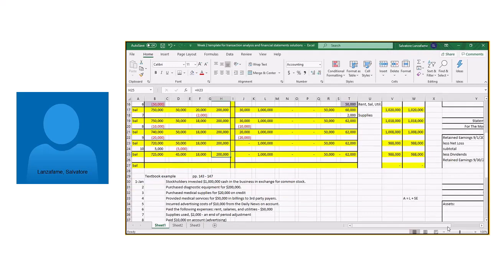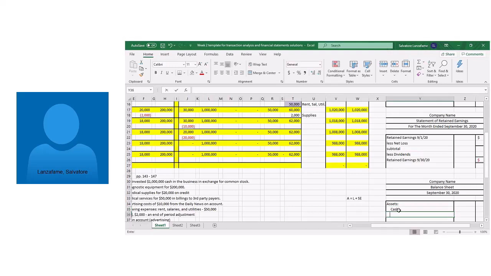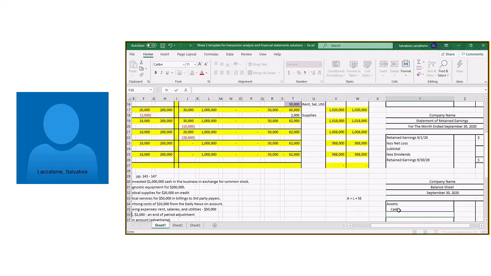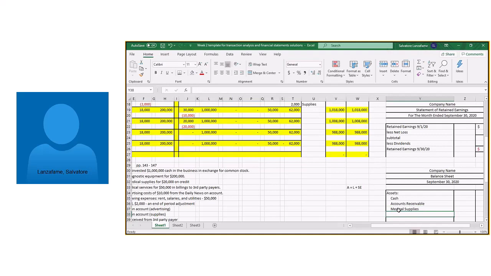So that's what I'm going to be putting in my balance sheet. So I got cash, accounts receivable, got our supplies, and we have our equipment.